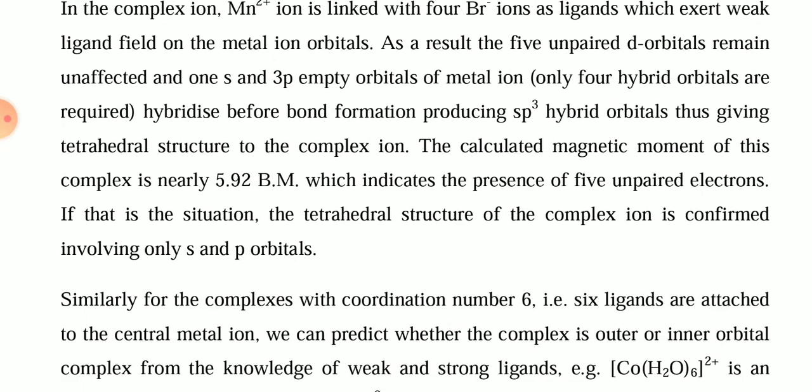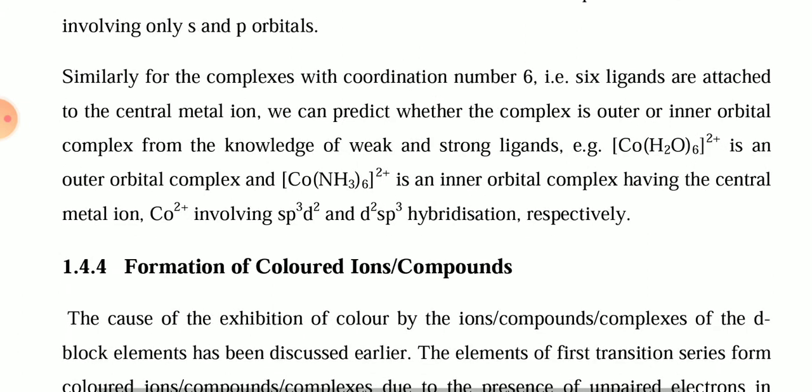Okay, here you can see another example like Co(H2O)6 2+. It is an outer orbital complex, and you can also see Co(NH3)6 2+, which is an inner orbital complex with a central metal ion. Both have different complexity.